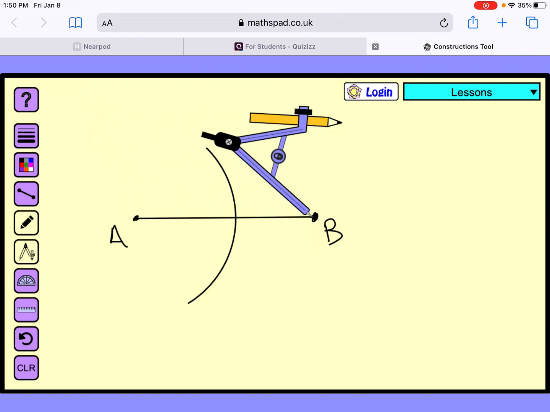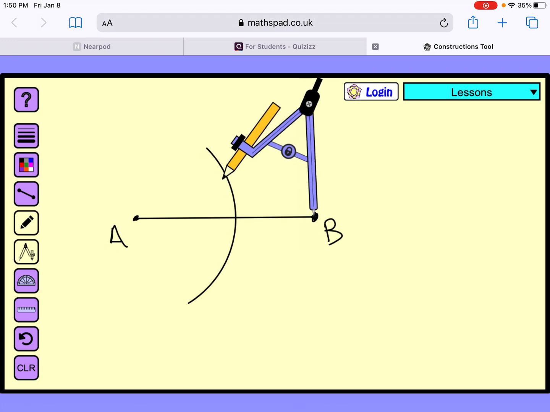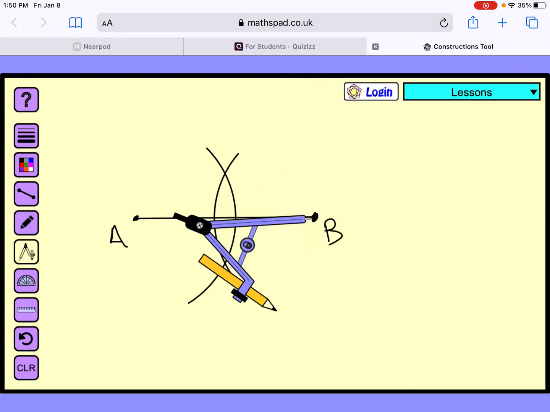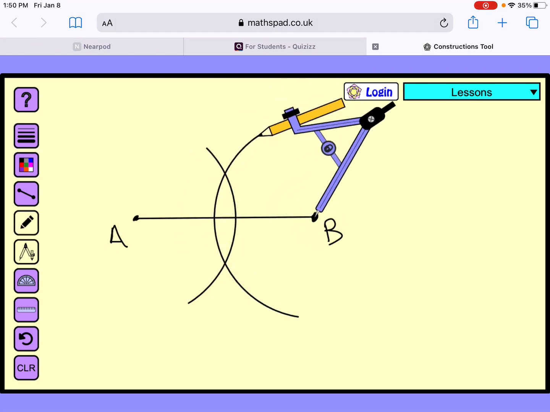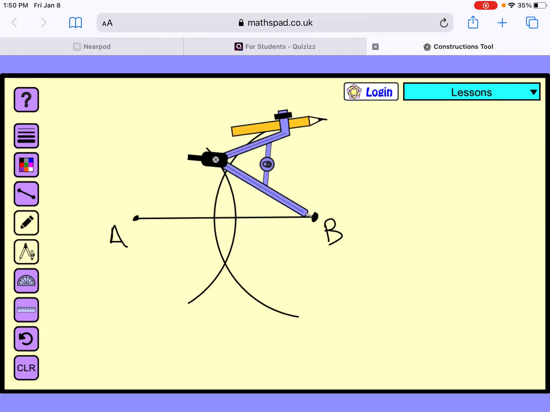Bring it over, and we need to draw our arc. Now we're done with that. And we can see that our two arcs cross on each side of the line AB, and we just want to connect those points and that gives us our perpendicular bisector.